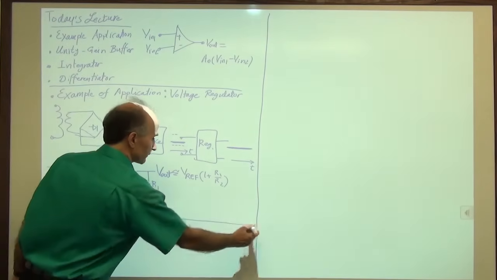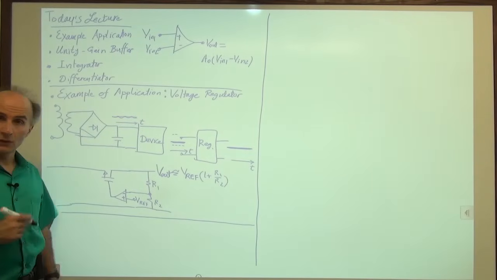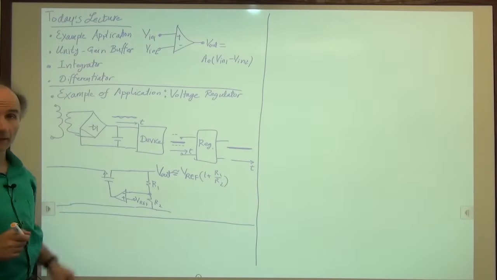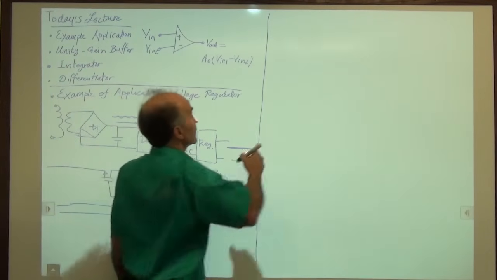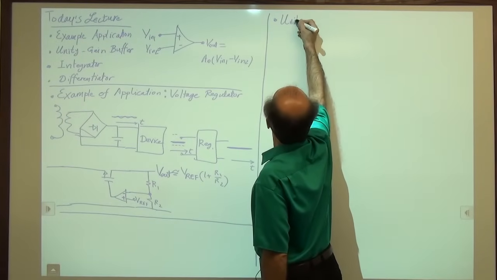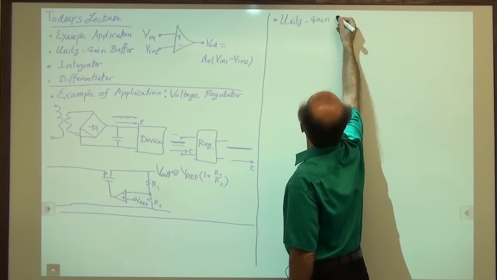Very well. Let's go to some other stages that we will study today using op-amps. We'll talk about a circuit called a unity gain buffer. So let me go over here and talk about the unity gain buffer.